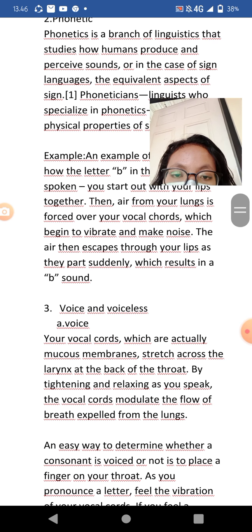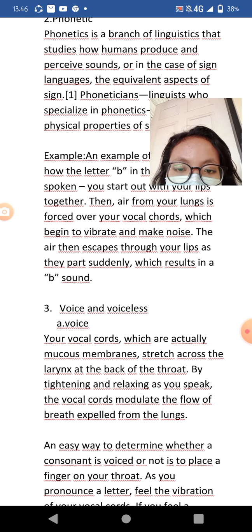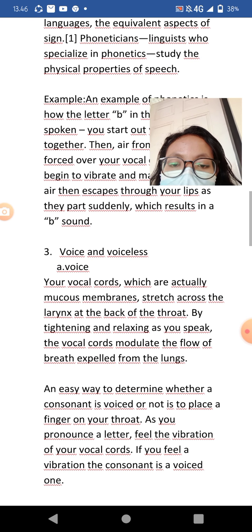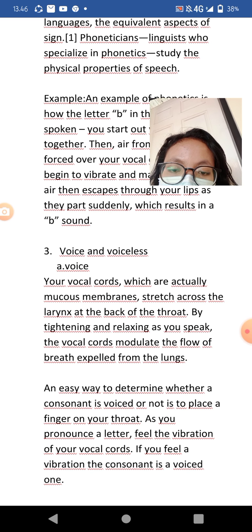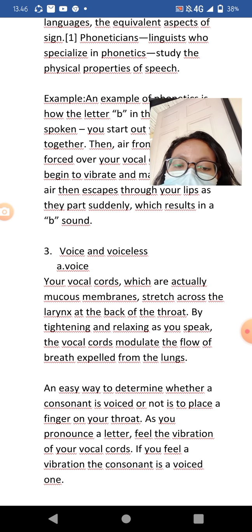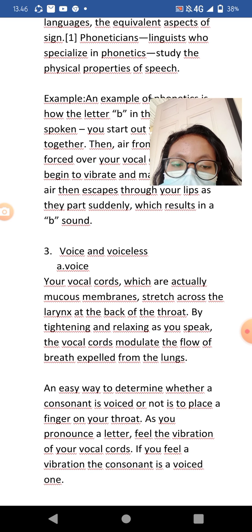Number three, voiced and voiceless. A. Voiced. Your vocal cords, actually mucous membranes, stretch across the larynx at the back of the throat. By tightening the larynx as you speak, the vocal cords modulate the flow of breath expelled from the lungs.